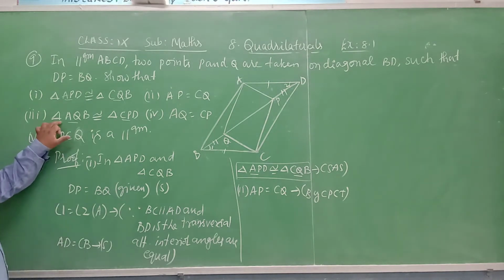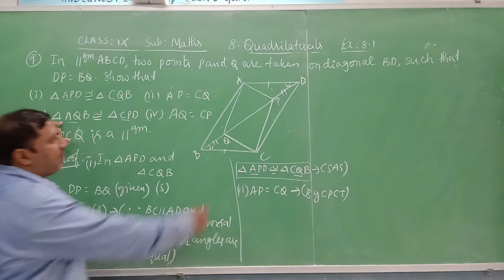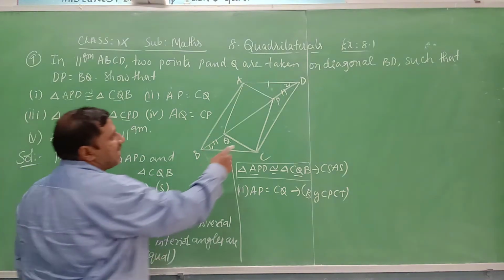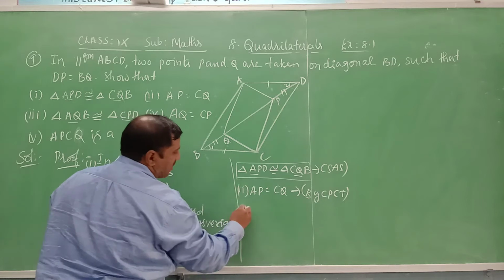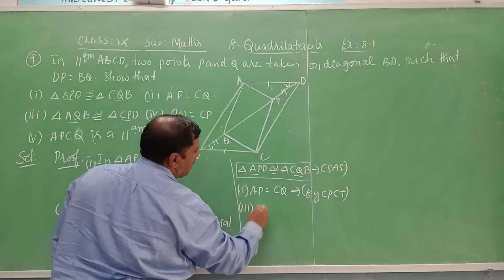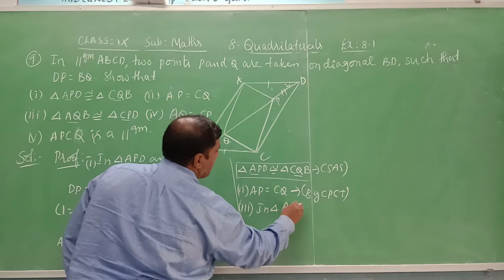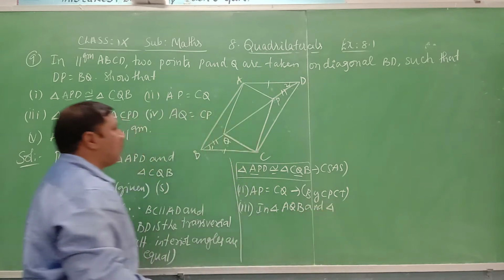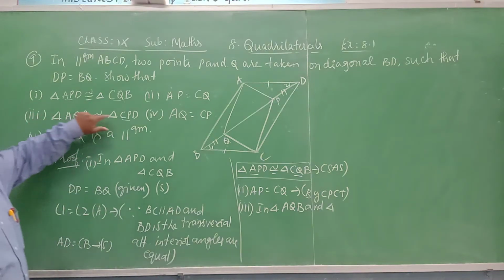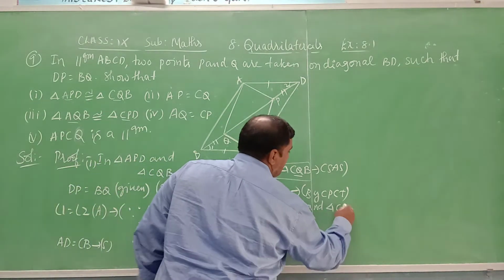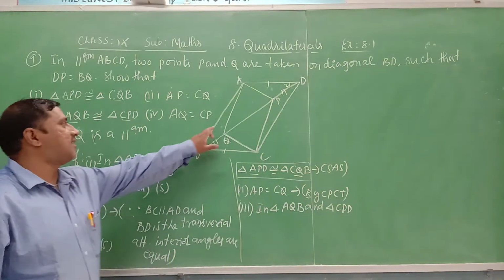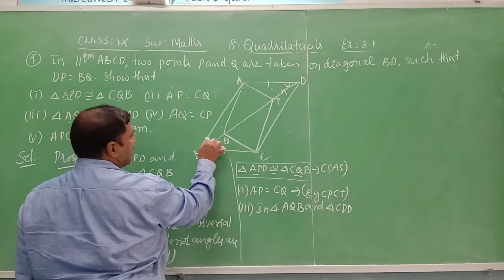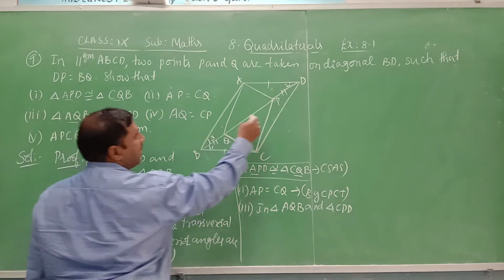Now the third one we have to prove: triangle AQB is congruent to triangle CPD. Consider those two triangles. Now again, consider angle 3 and angle 4.